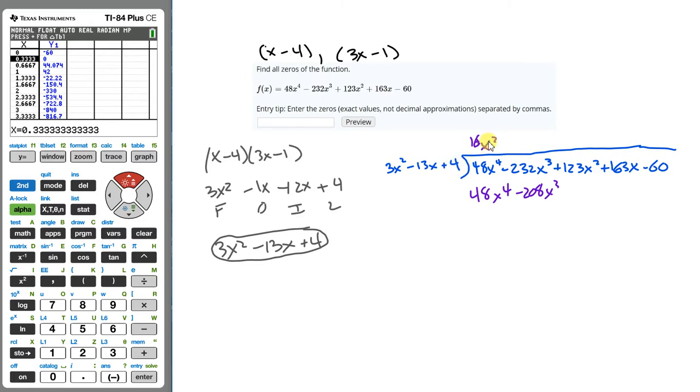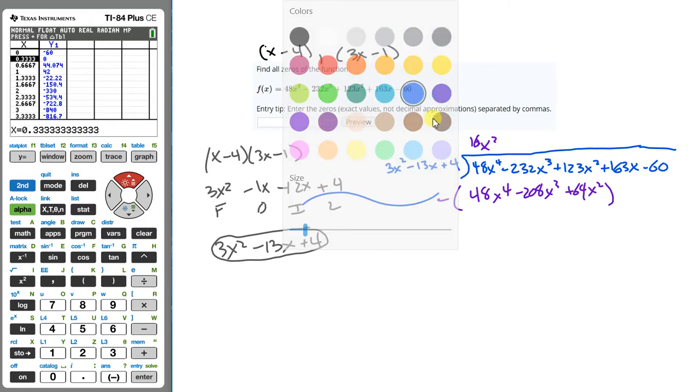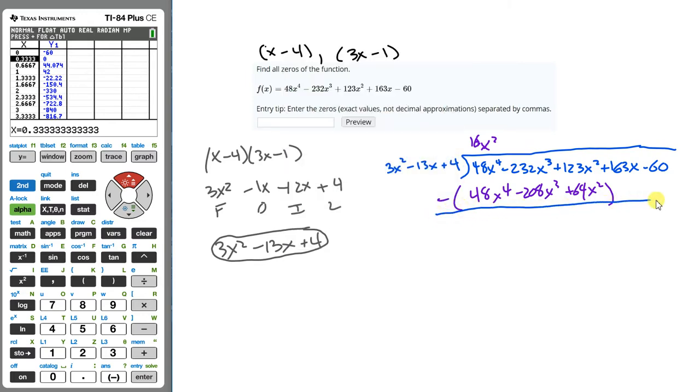So 16x squared times the 4 is 64, and x squared times no more x's is just still x squared. So you get 3 multiplications when you bring it down. Subtract the whole thing. So we're going to have a lot of subtraction here. If you want, you can convert it. I'll go ahead and do the conversion. I'll make it plus and change all the signs.